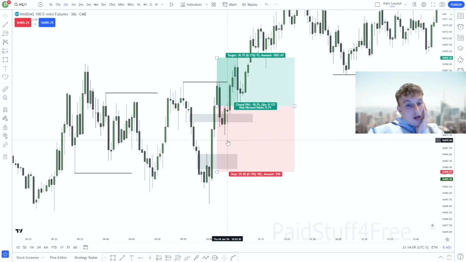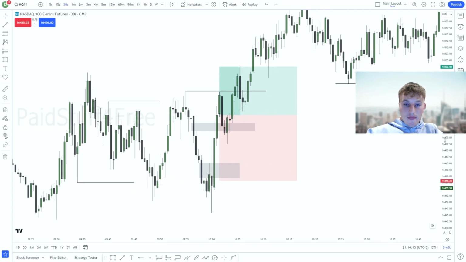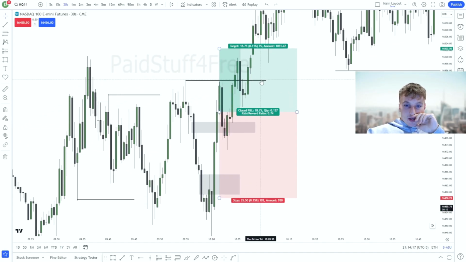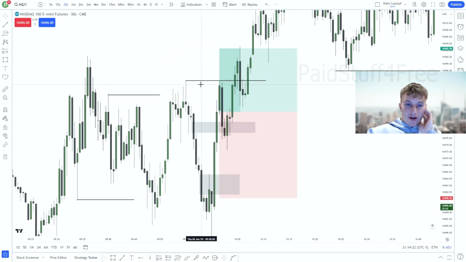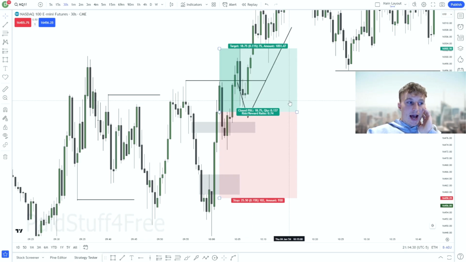So let's say you take this trade, you take the close here, and then you move your stop loss to break even here. Depending on your entry, a lot of times if your entry is very close to this high, we will pull back a little bit and you'll get stopped and it will keep going up. That's going to happen sometimes, and that's fine.